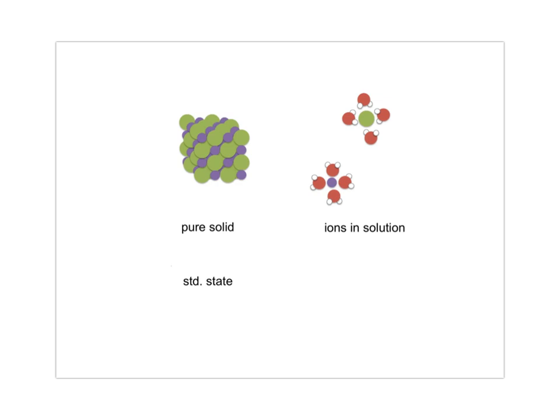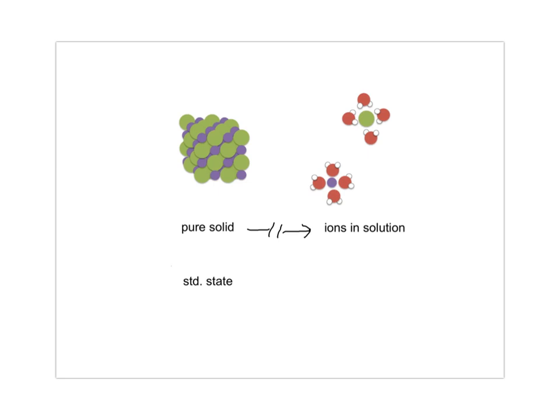Thus, the properties of the solid change discontinuously as I make the solution. And so it makes no sense to reference these solute molecules to the pure solid because they look nothing like the pure solid.